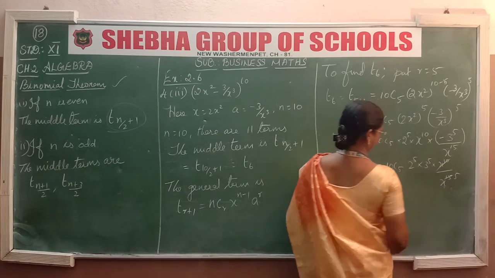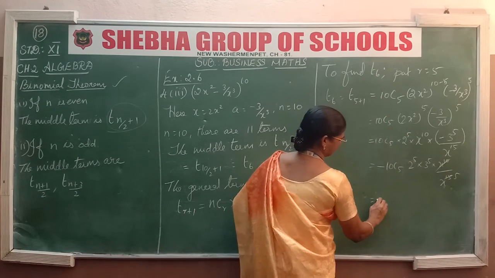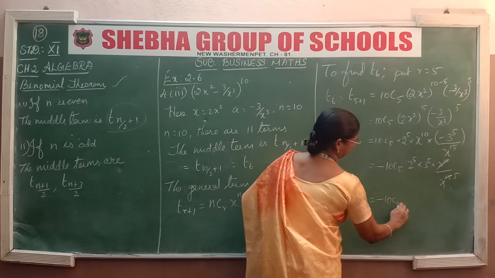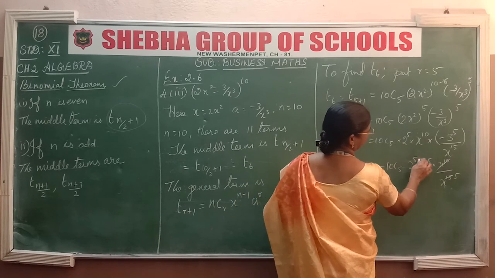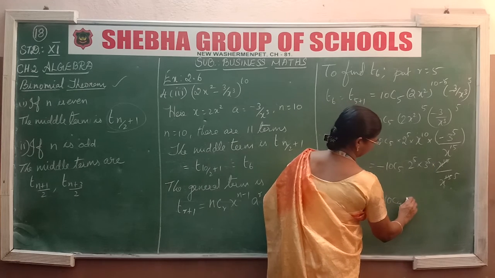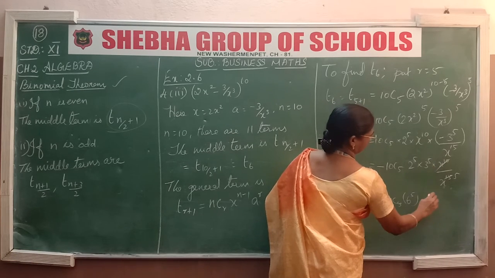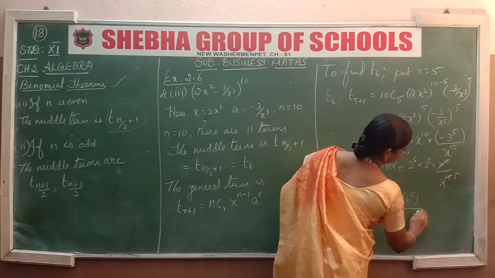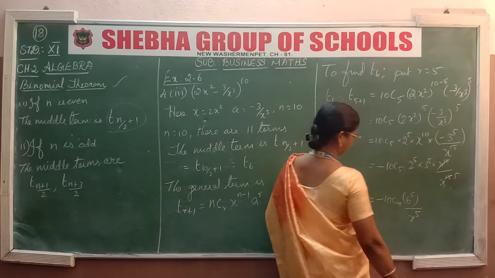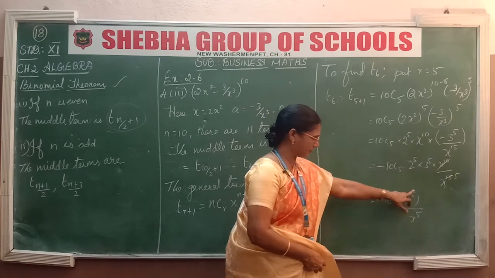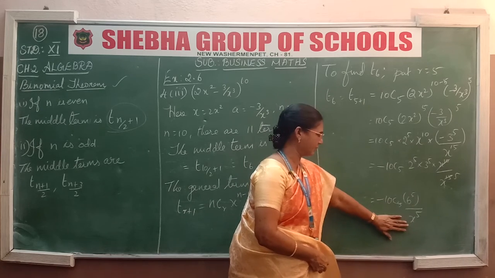Cancelling, we get x power 5 in the denominator. So minus 10C5, the powers are same, so multiplying these two, we get 6 power 5 by x power 5. Minus 10C5 into 6 power 5 by x power 5. This is our middle term.